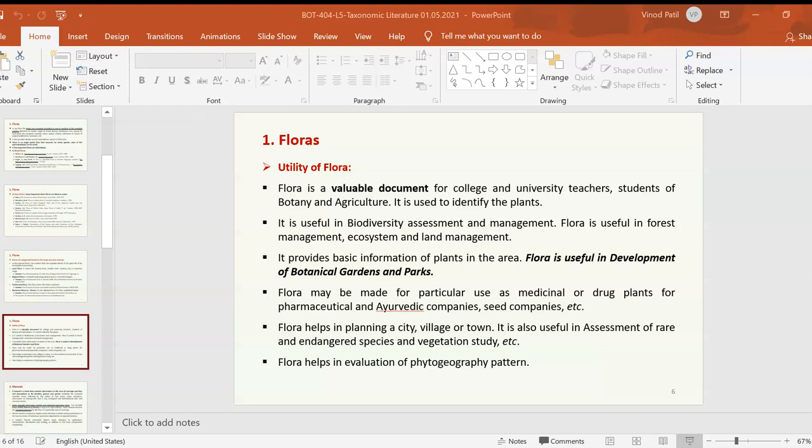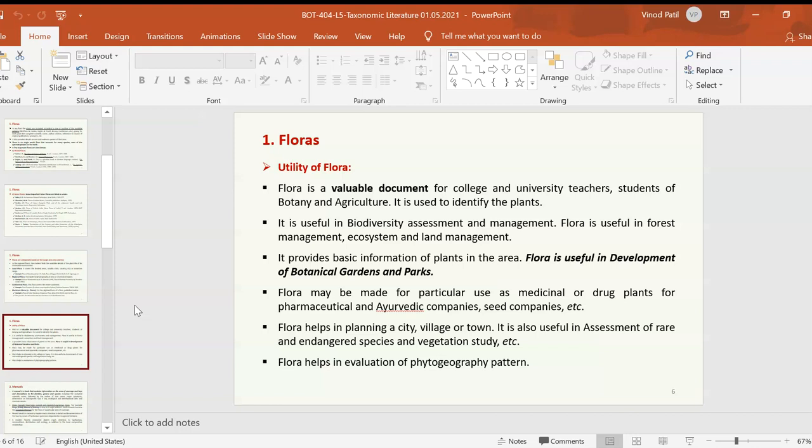For an example, if you want to grow the Christmas trees, cypress plants, in our case, it will be very difficult to maintain those plants. So here the floras can give us an idea of the selection of the plants.